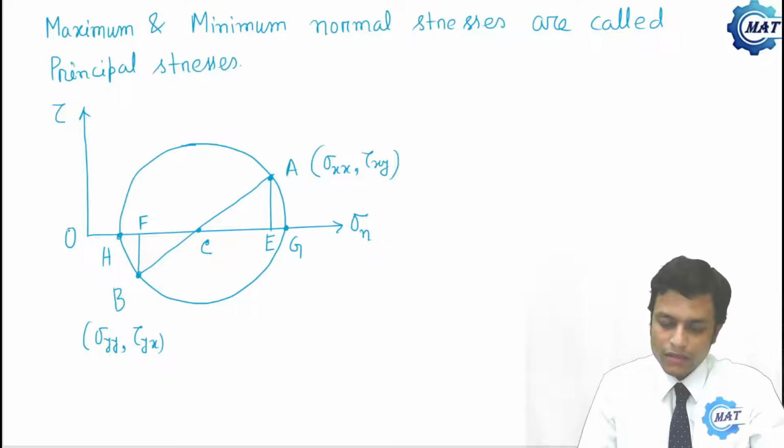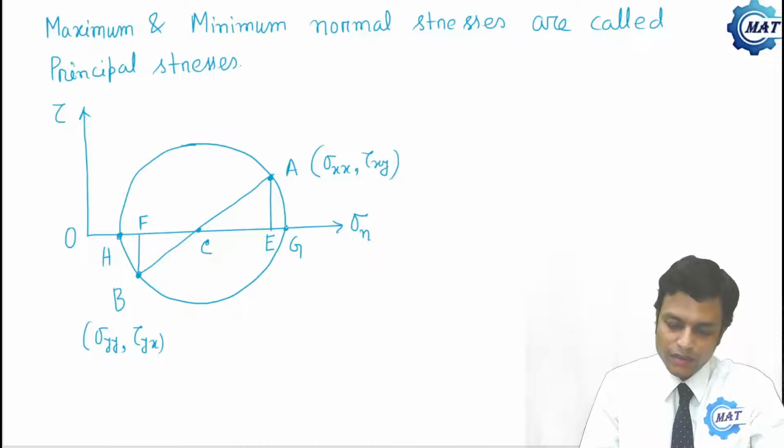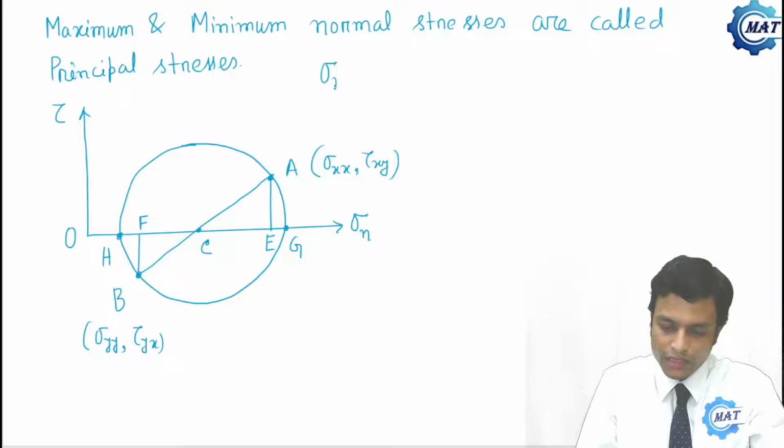Now where normal stress is maximum, this point, that is OG, represents maximum normal stress. So sigma max, the maximum normal stress, is OG. That is OC plus CG.